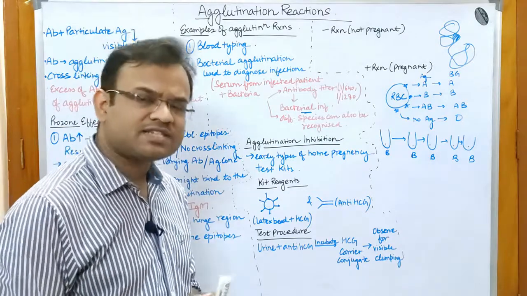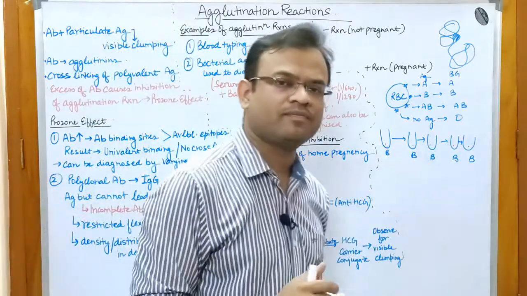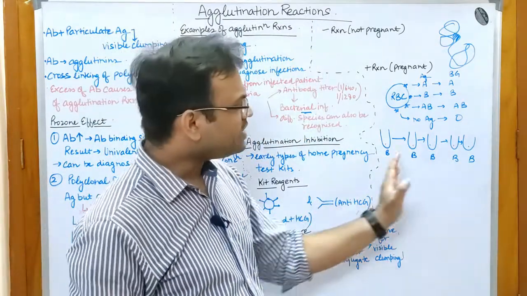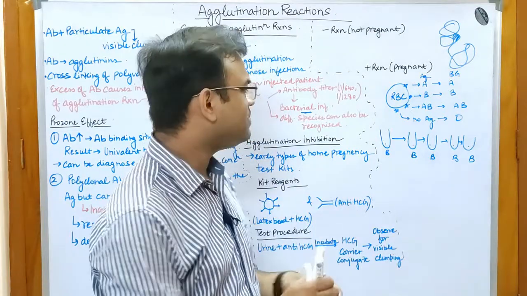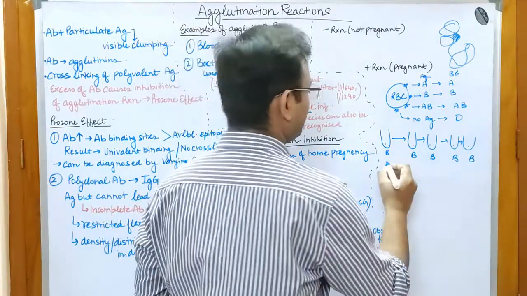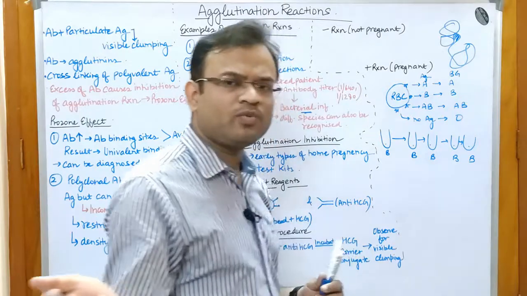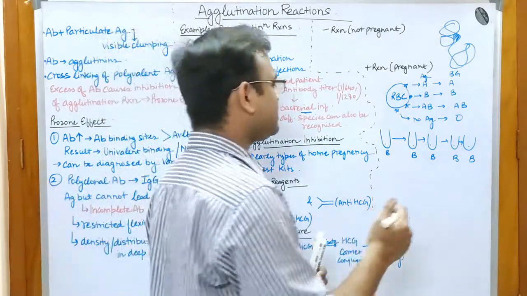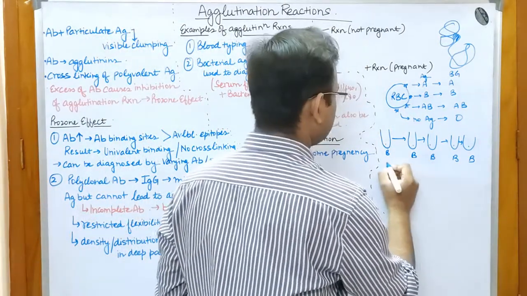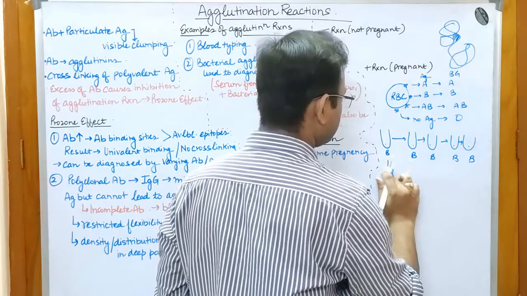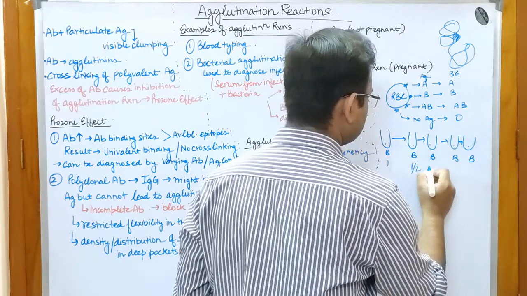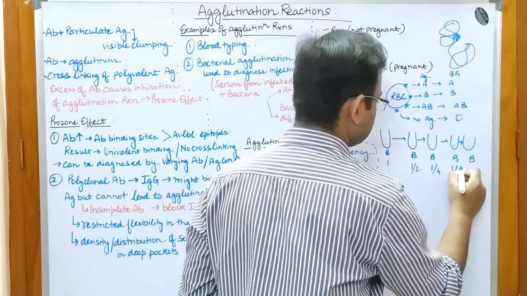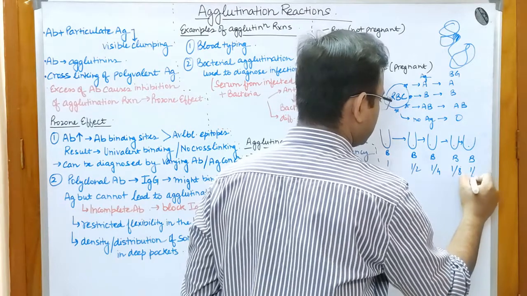So suppose I am making the dilutions in tubes, one such example is made. Let us say this was 1 by 1, this was 1 by 2, this was 1 by 4, this was 1 by 8, this was 1 by 16.